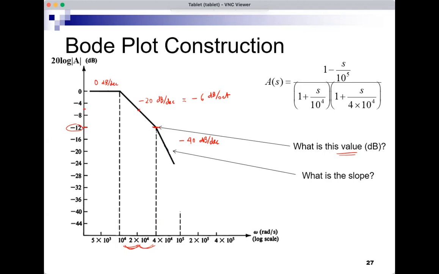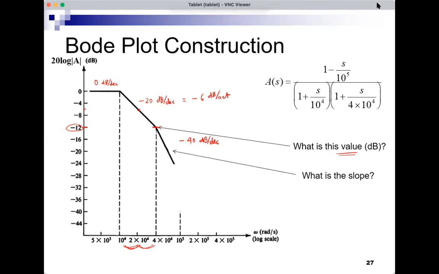But what if this is not a multiple of octaves or a multiple of decades? What if it's not a complete decade or a multiple of decades, or a complete octave or a multiple of octaves? Is there a general formula that we can use to find the gain at a certain point along the asymptotic Bode plot, if I have the slope?